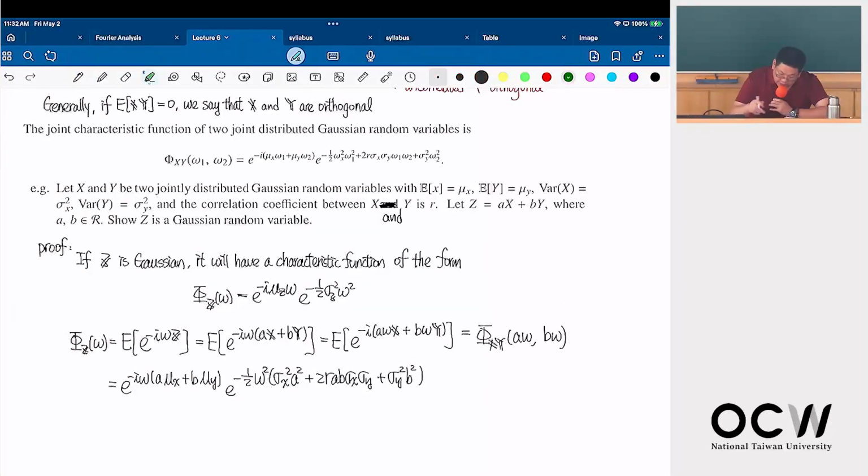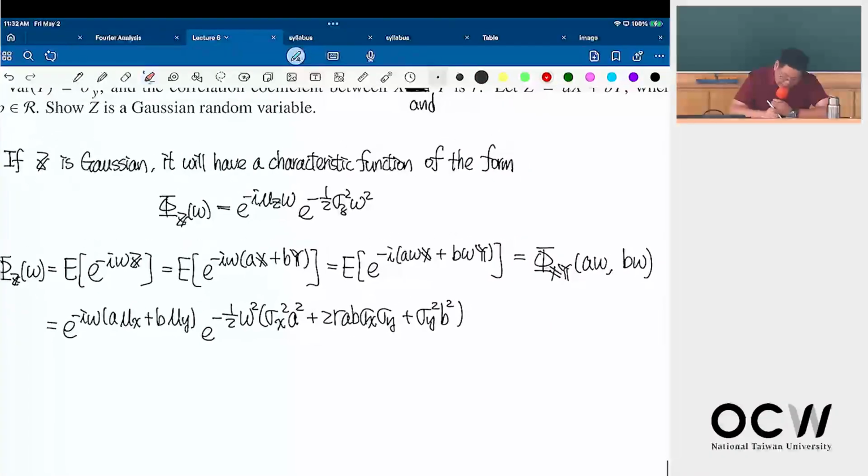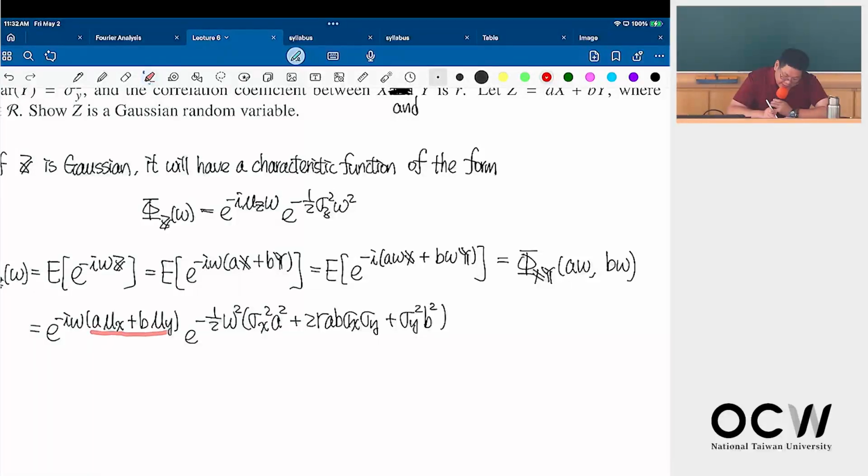First, you can see A times the mean of X plus B times the mean of Y. This is still a scalar, and we can think of this as the mean of Z.